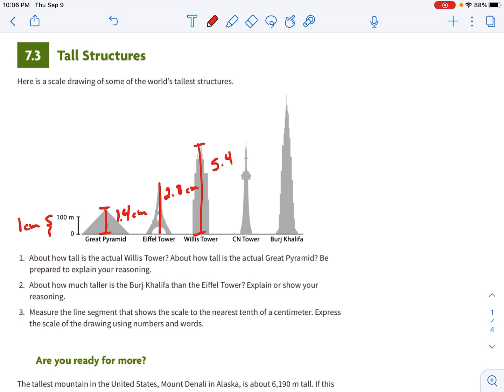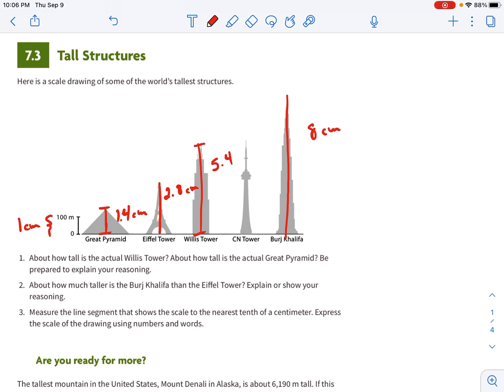Students have been getting 3, but when I measured, I had right around 2.8. And the Burj Khalifa measures out to be 8 centimeters. Now that we know the measurements of all of these, we can answer the questions below.